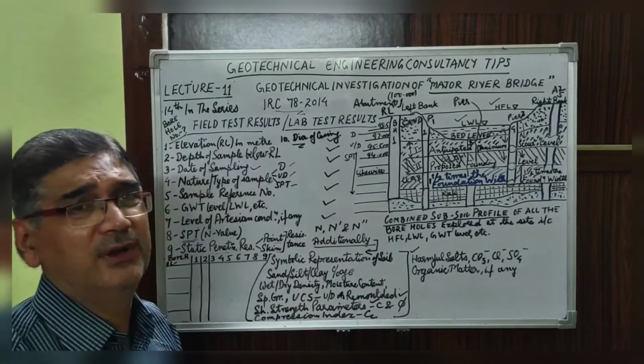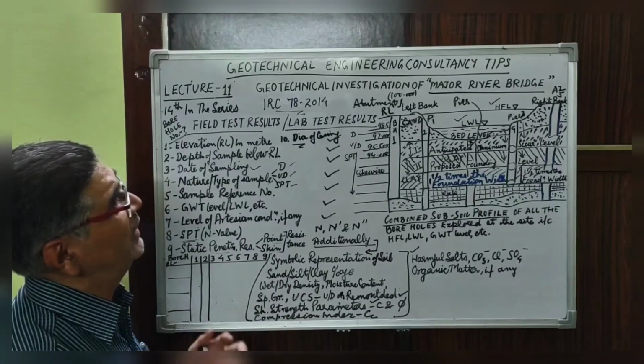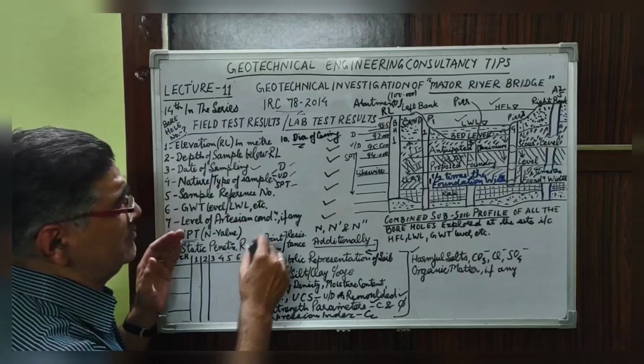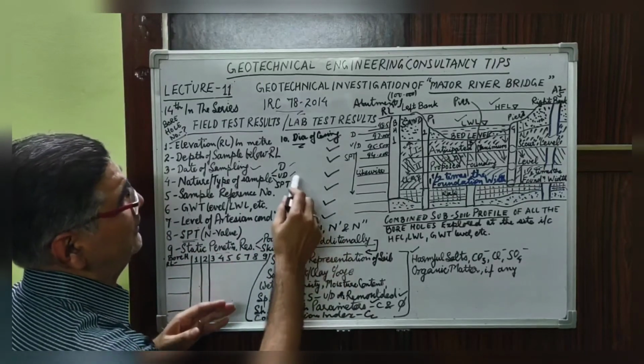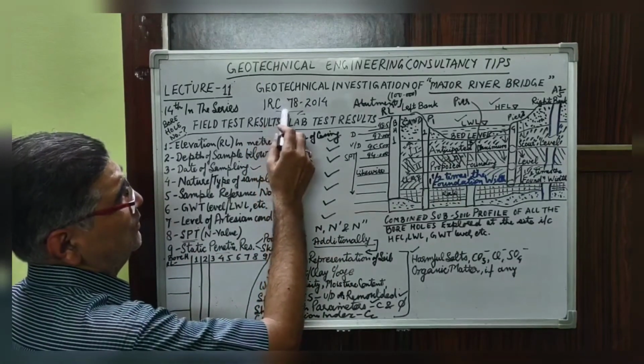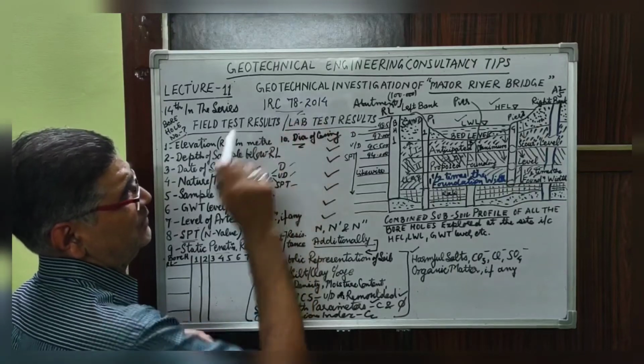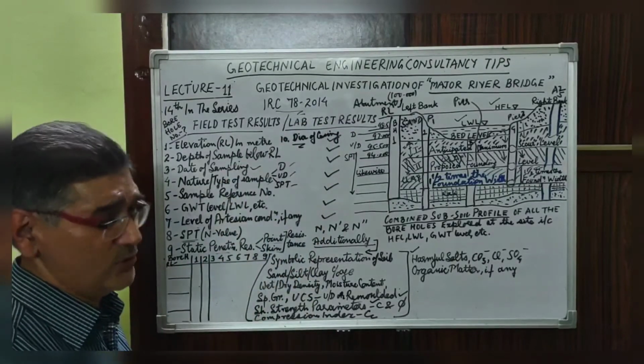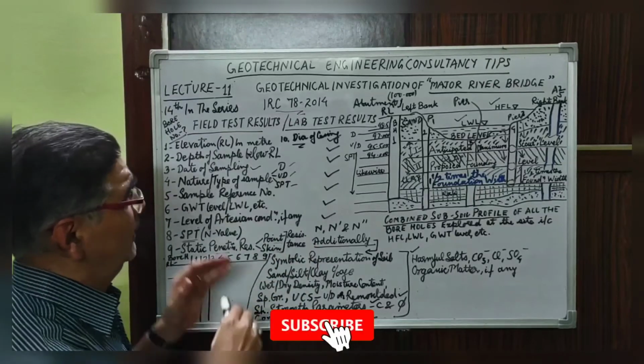This is all what I wanted to explain to you in this lecture of mine, and all this is being referred to in reference to Indian Roads Congress Code number 78 published in 2014, and you can refer to the latest reaffirmed code also if it has been done so.